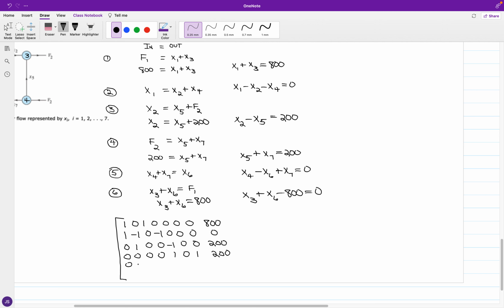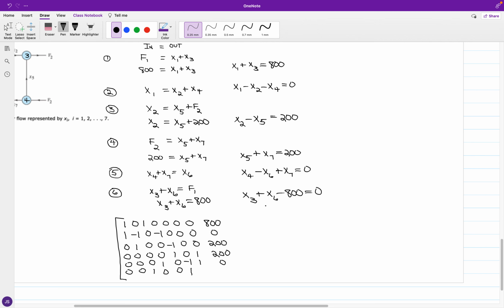Then we have x of 4 minus x of 6 plus x of 7 is equal to 0. And then we have x of 3 plus x of 6, and you can rewrite this.